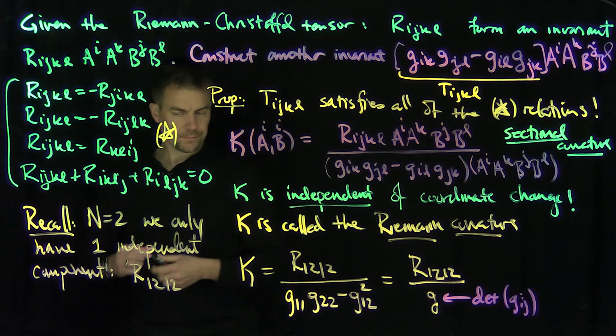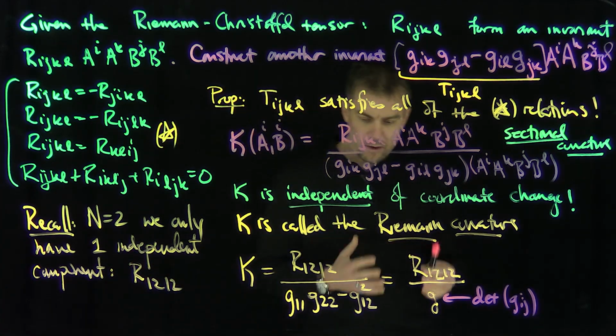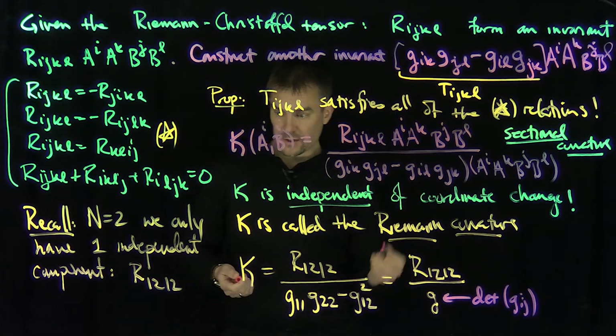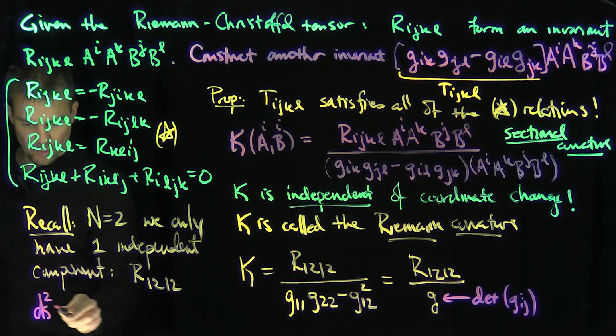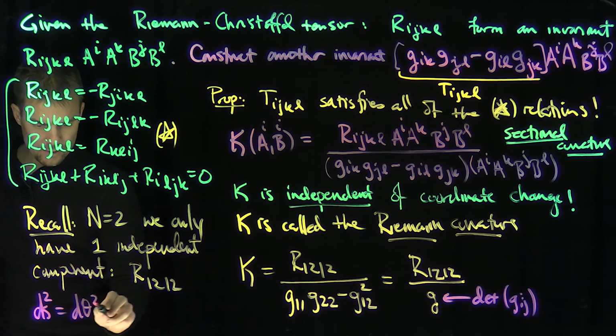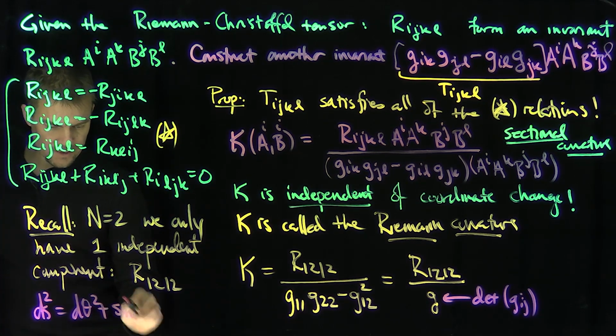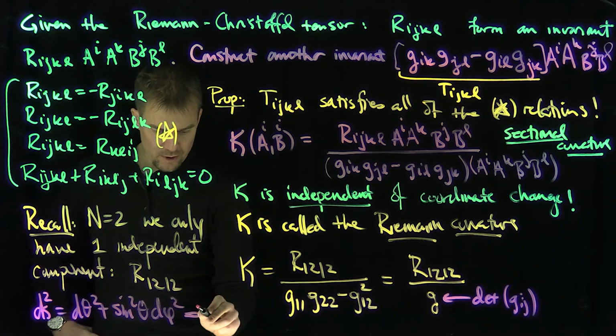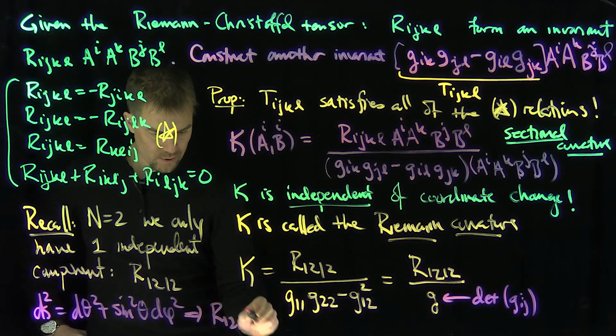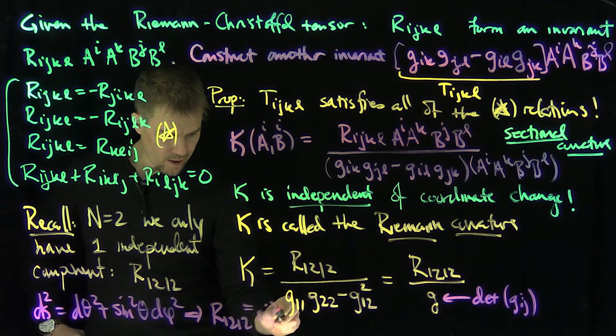Excellent. So now let's recall this for the sphere. We've previously proven that for the sphere, you have this metric: ds squared is d theta squared plus sine squared theta d phi squared. And we proved in a previous video that R_1212 was just sine squared theta.